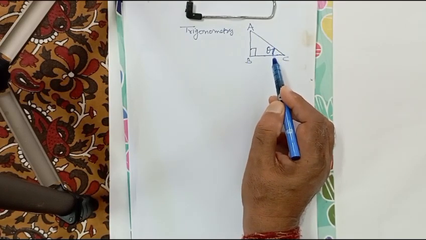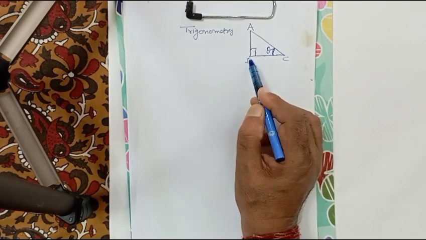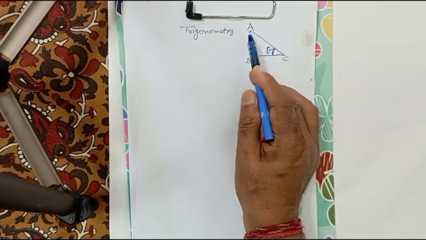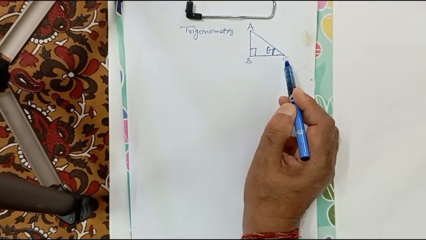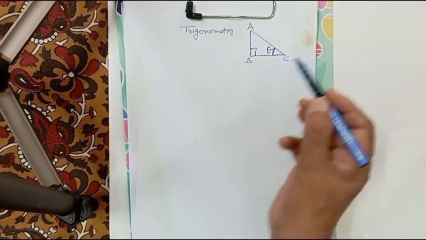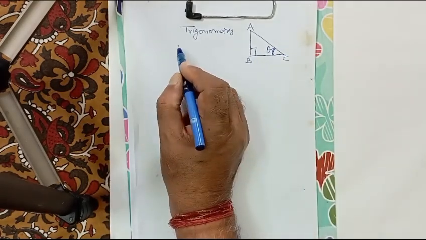I am telling about only the angle theta. For this angle, this will be considered as base, this as perpendicular, and this as hypotenuse. So now we have got a few ratios.